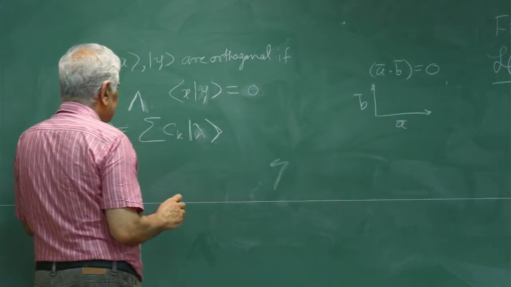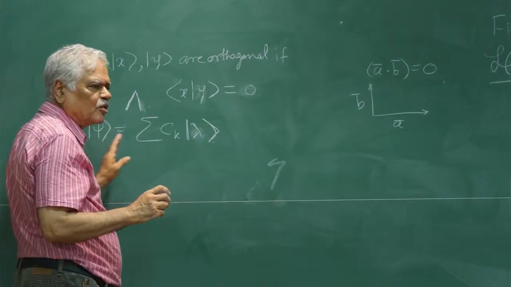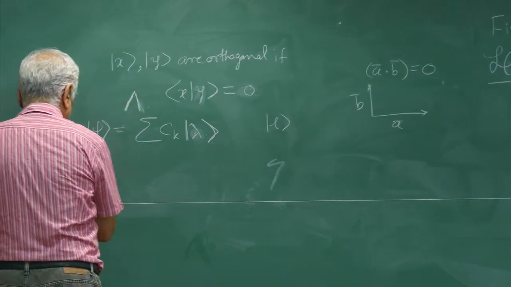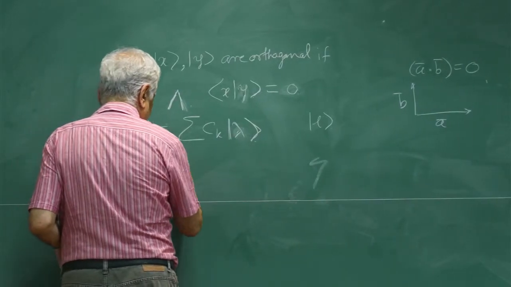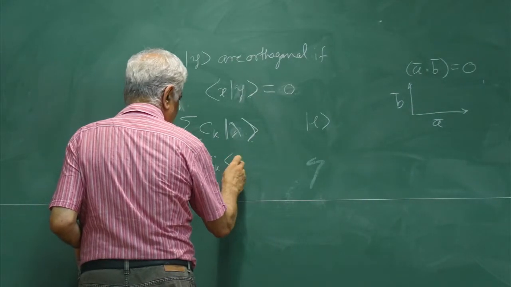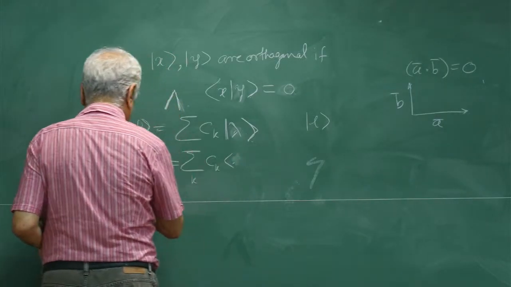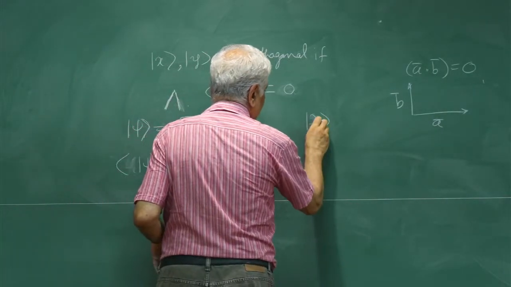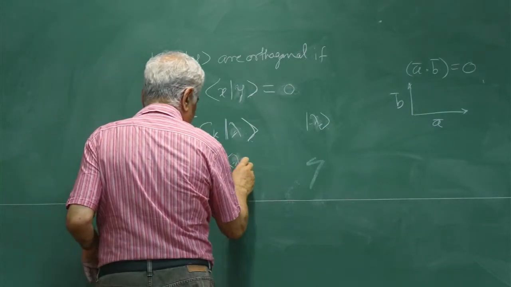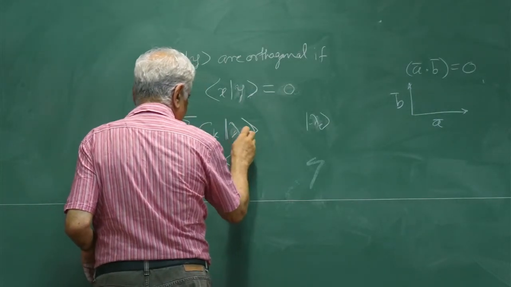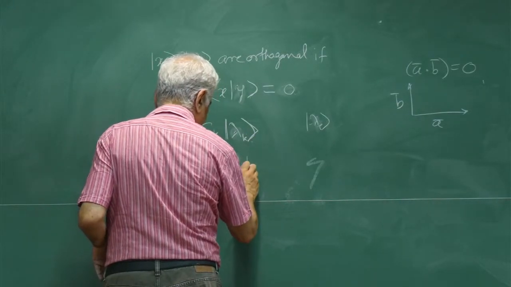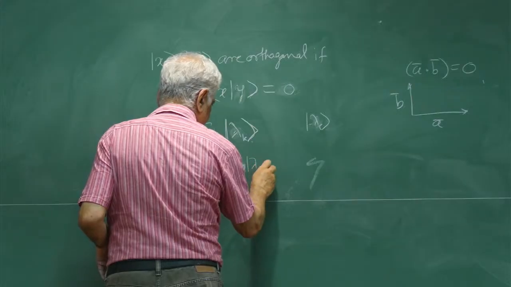Now let me take the scalar product on both sides with respect to some state L. So I'll get L psi equal to summation over k Ck L lambda k.